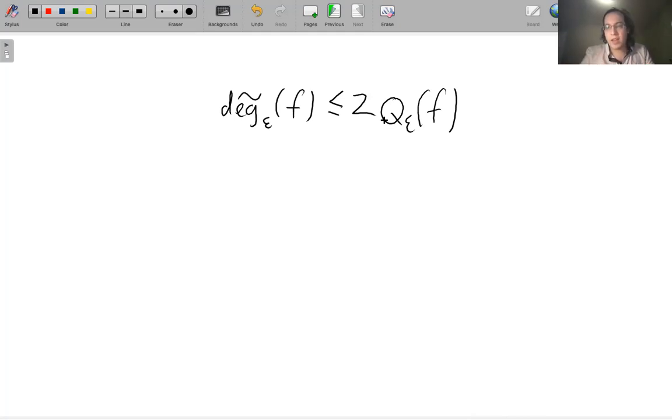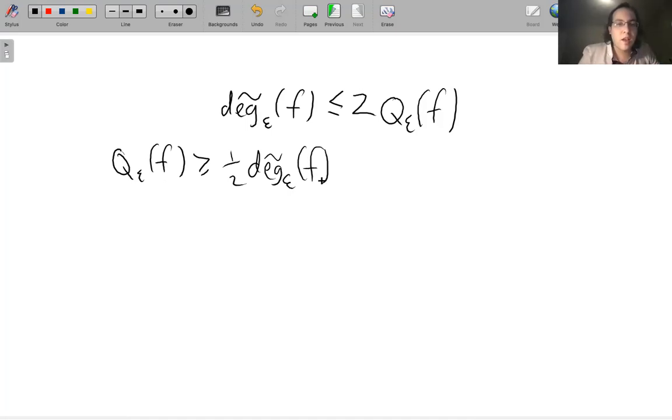That's because you can take any quantum query algorithm and convert it into a polynomial approximating the function of at most twice the degree. So we can write that as Q epsilon of f is at most a half deg epsilon of f. And this tells us that one way of lower bounding Q of f, one way of showing that this is big, is to show that the right hand side is big, is to lower bound the approximate degree of f.